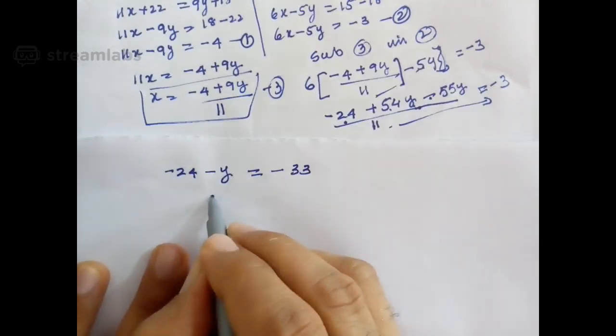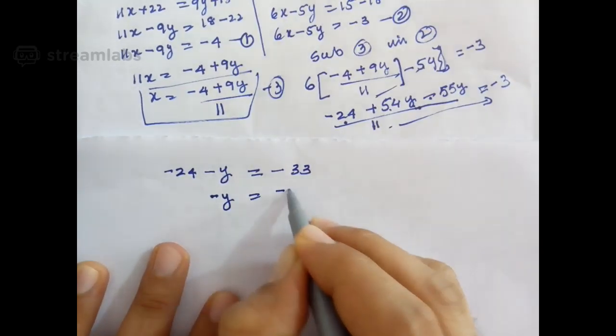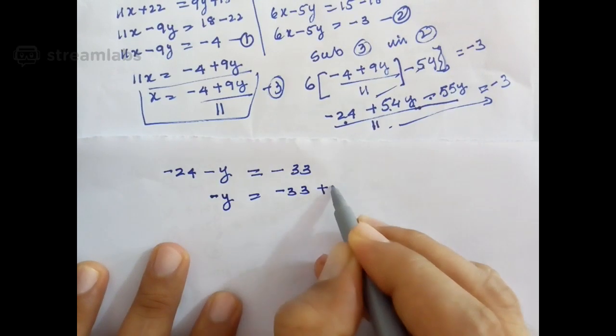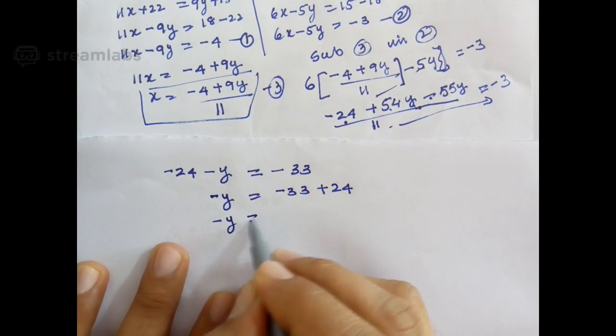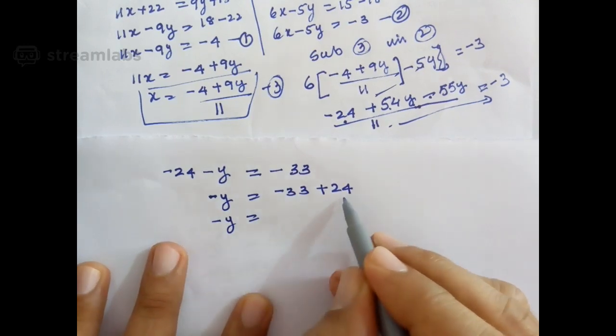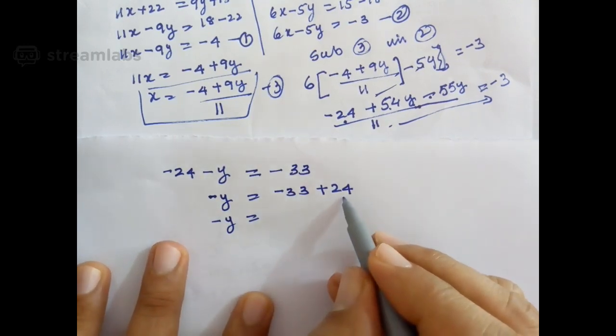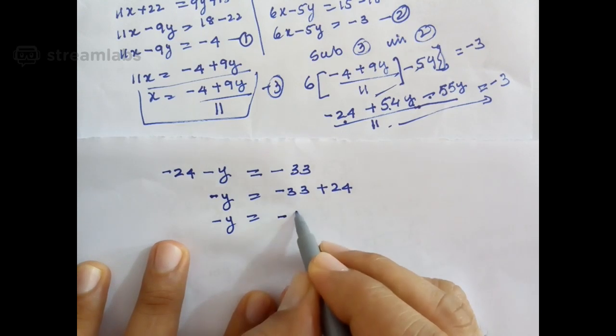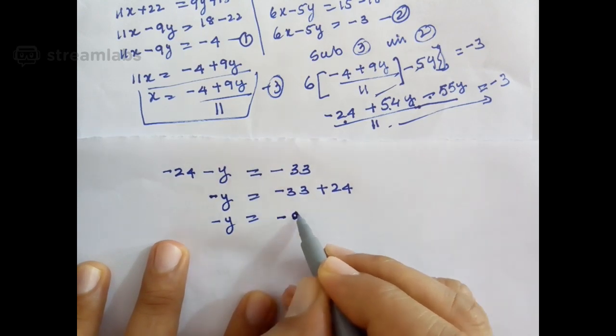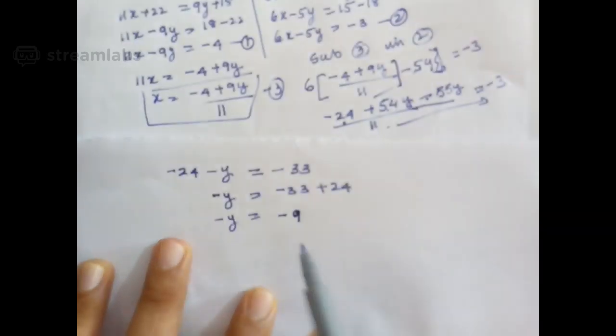So minus y is equal to -33 plus 24. This 24 goes that side. Minus y is -33 plus 24, which is -9, isn't it? Minus 9.